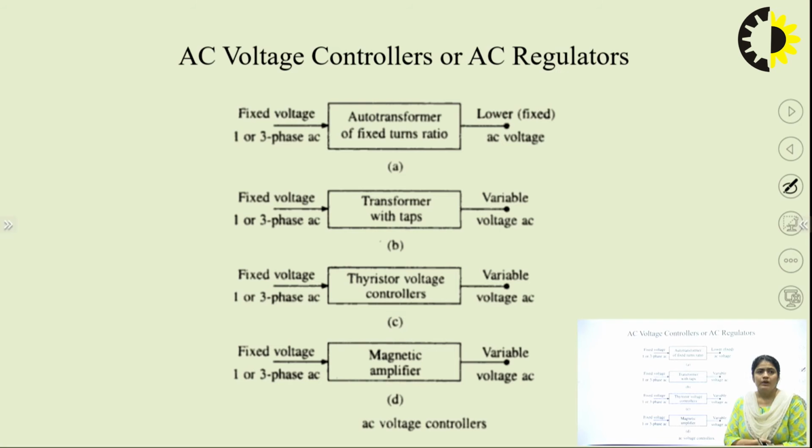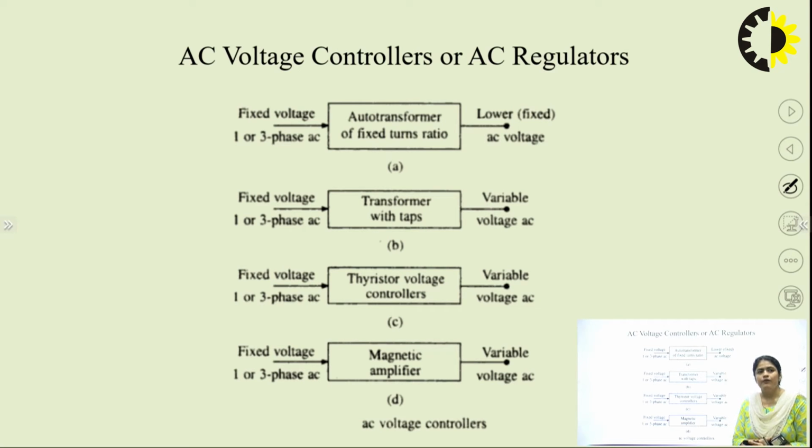Now fixed AC voltage can be converted into variable AC voltage. With the help of an AC voltage controller, the fixed available single phase or 3-phase voltage can be converted into a variable 3-phase AC voltage, right? First is transformer based, like an auto transformer, with fixed turn ratio.